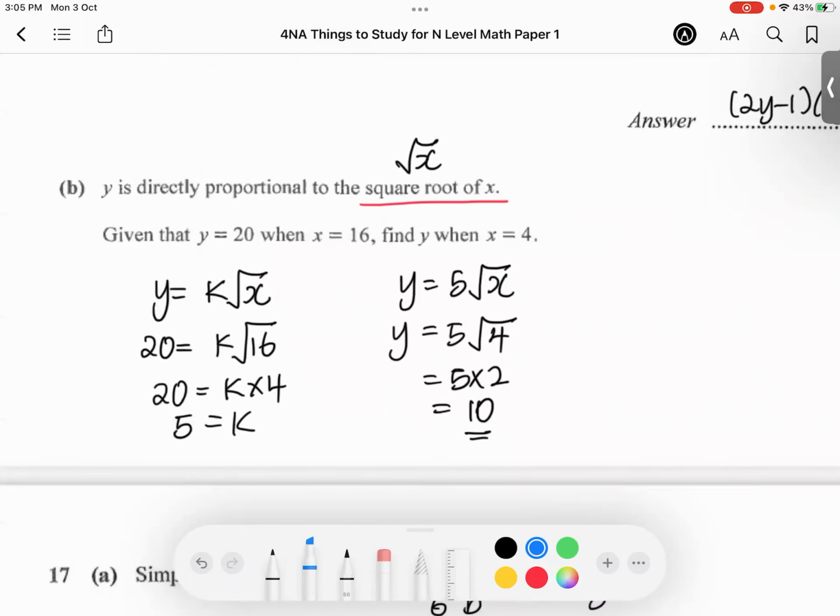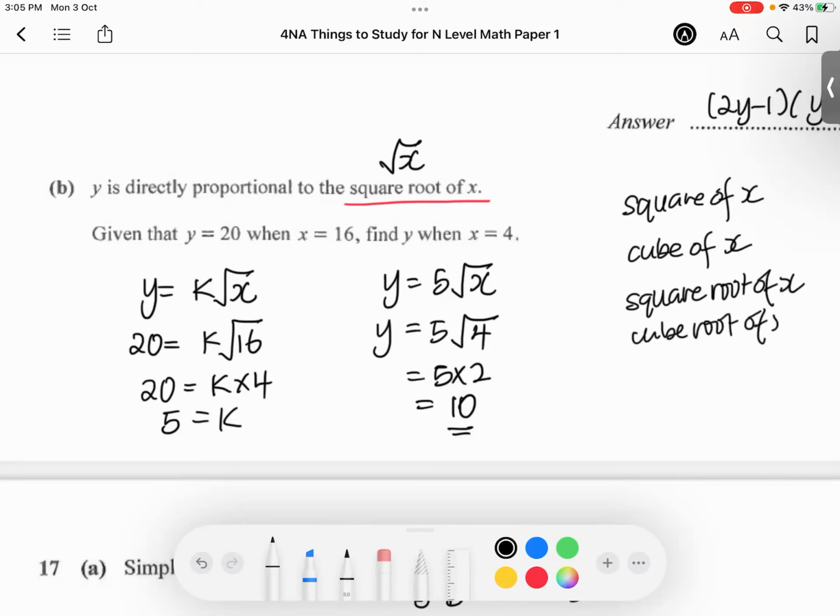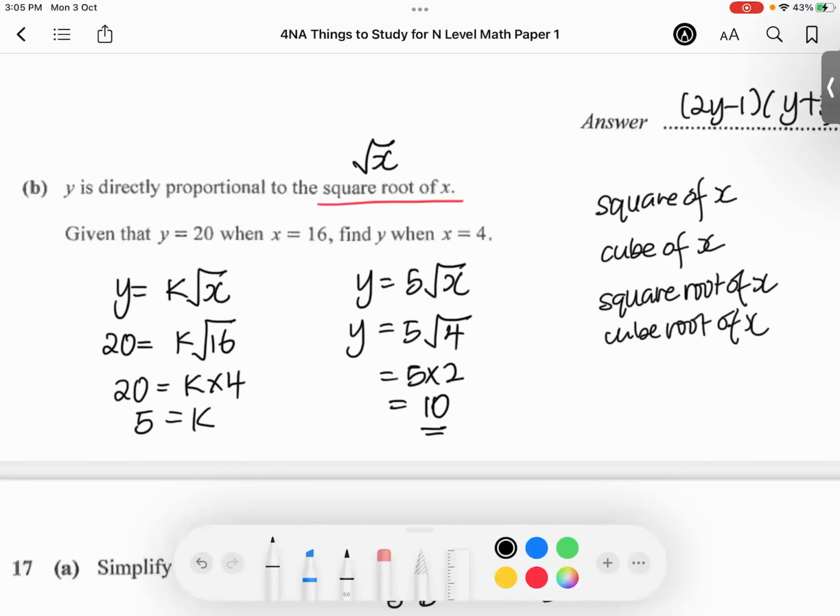There is a difference between square of x, cube of x, square root of x, cube root of x. All of them are different. Square of x, x squared.